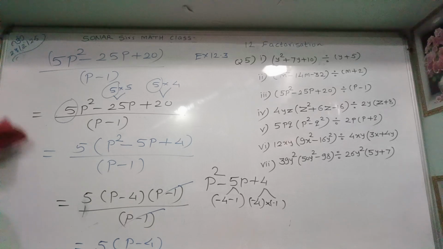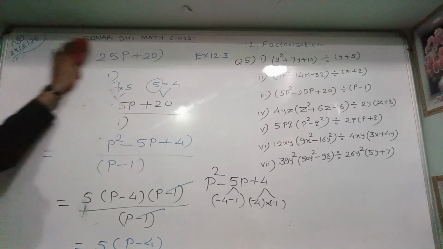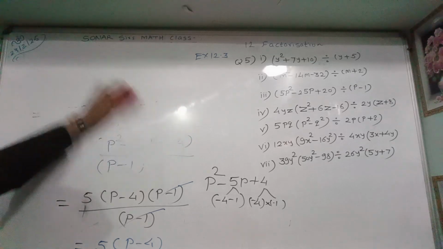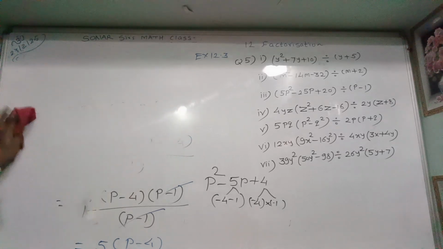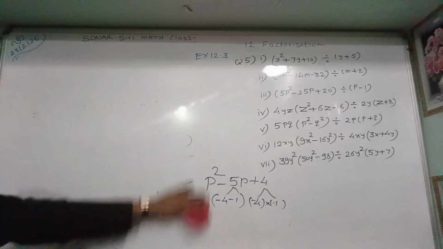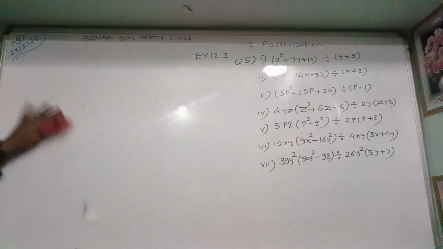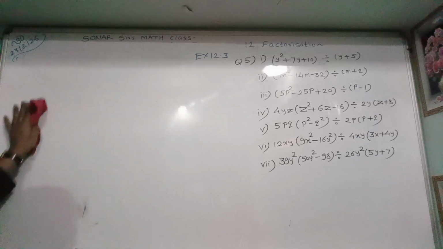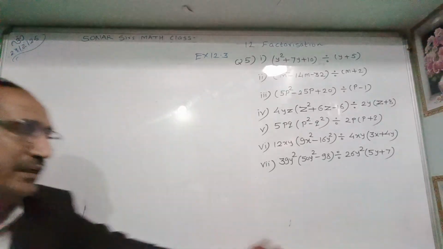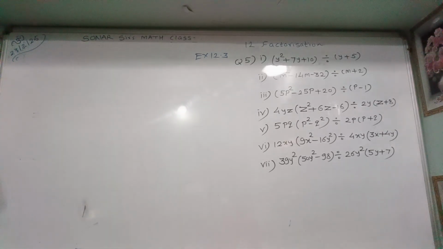Let's solve question number 4 now. In question number 4, again you can see there is 4yz and in bracket there is a quadratic expression. So every time there are 3 terms with degree 2, we have to factorize it.